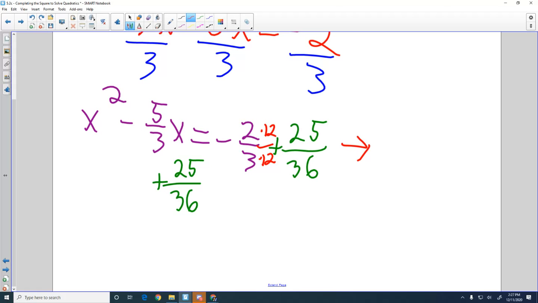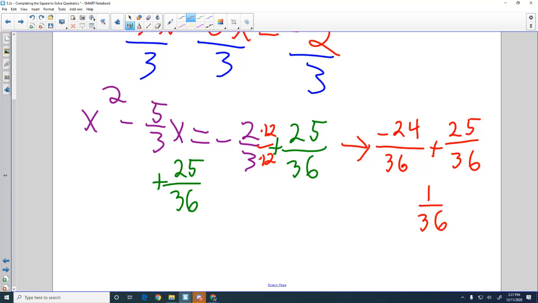So that's going to be a negative 24 over 36 plus 25 over 36, equals 1 over 36. Gosh, that's a nice perfect square. It's like I planned this.